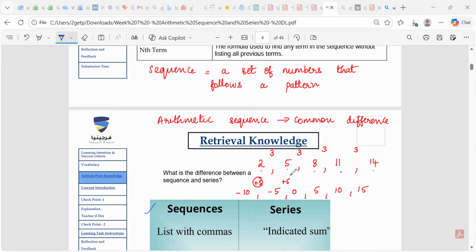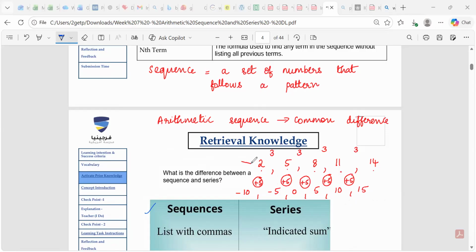Minus 5 plus 5 will give you 0. 0 plus 5 will give you 5. 5 plus 5 will give you 10. 10 plus 5 will give you 15. So check if you have the common difference. Are we adding the same number to get the next term? Yes, we are adding plus 5 to get the next term.